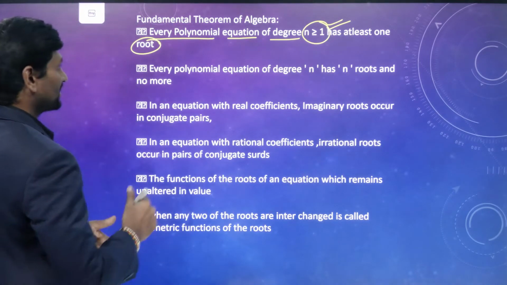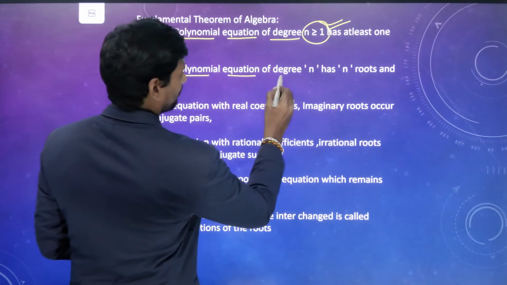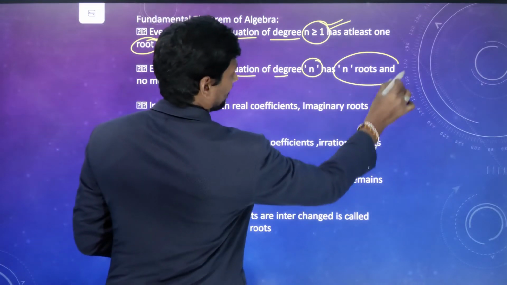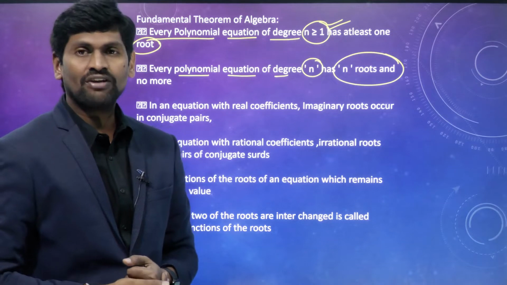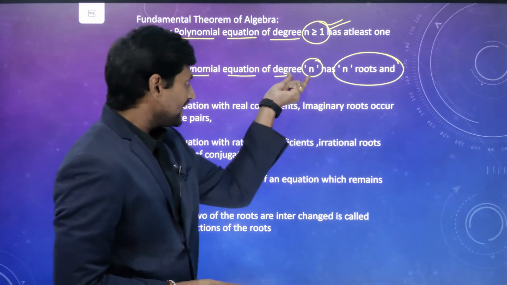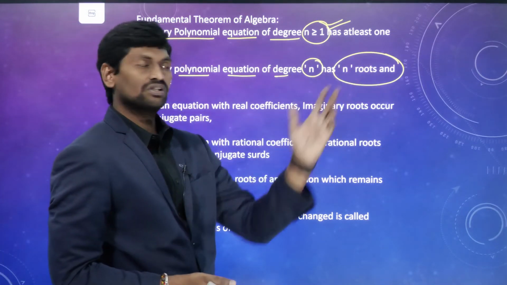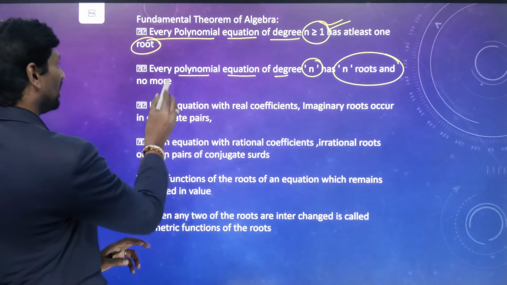Next, every polynomial equation of degree n has how many roots? n roots, no more. A degree 4 polynomial equation has 4 roots, a degree n polynomial has n roots.